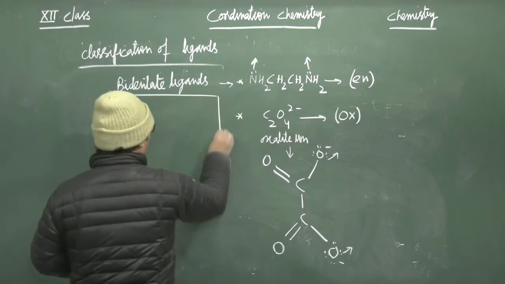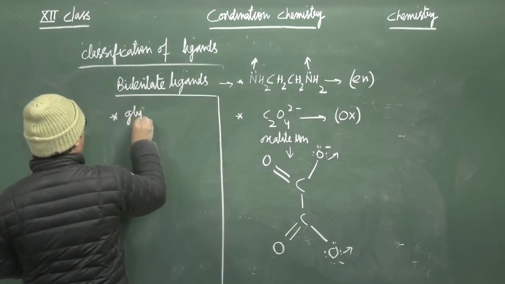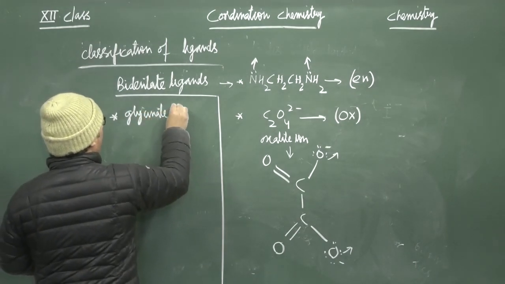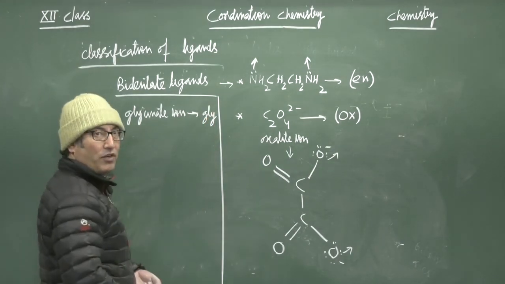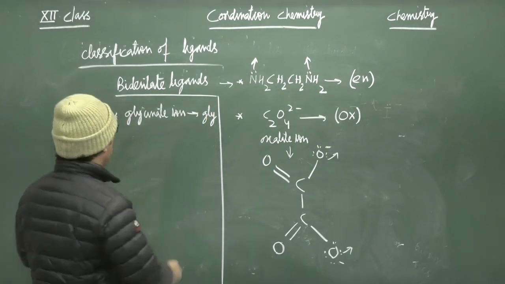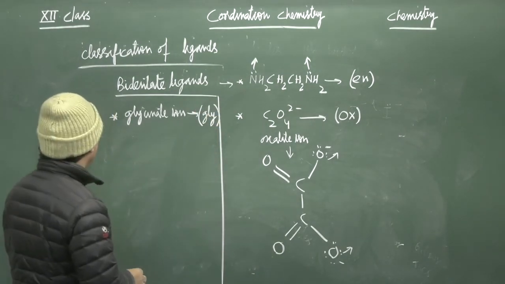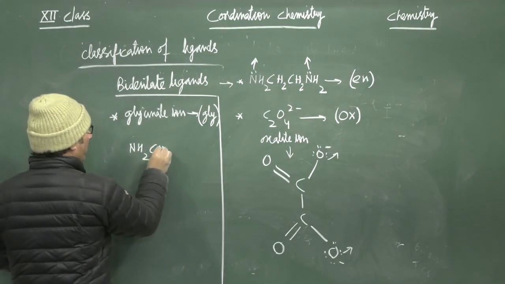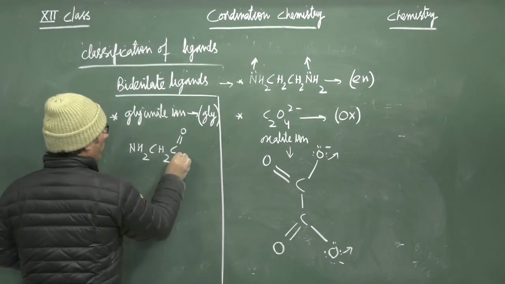The third example of symmetrical bidentate ligands is the glycinate ion, abbreviated as GLY. Many ligands have an abbreviation form, so you need to acquaint yourself with the different abbreviation forms of ligands. Glycinate ion is NH2-CH2-COO-.